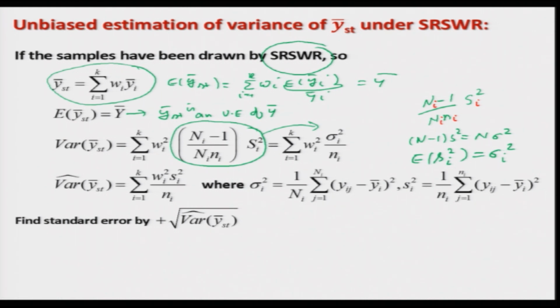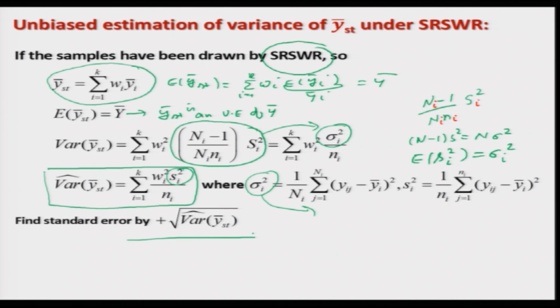I can simply replace sigma i square by this Si square, and an estimate of the variance of y bar st can be obtained by the summation, i goes from 1 to k, of Wi square small Si square divided by small ni, where sigma i square can be defined exactly on the same line as we have defined capital Si square. If you want to find the standard error, simply take the positive square root of this estimate of variance.